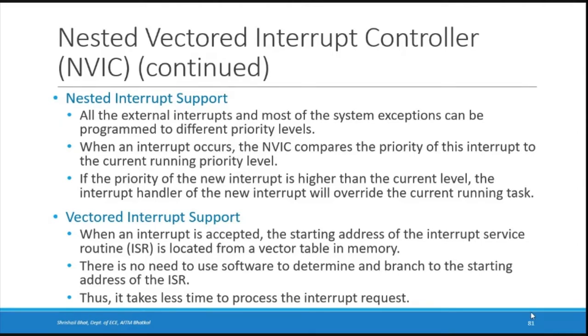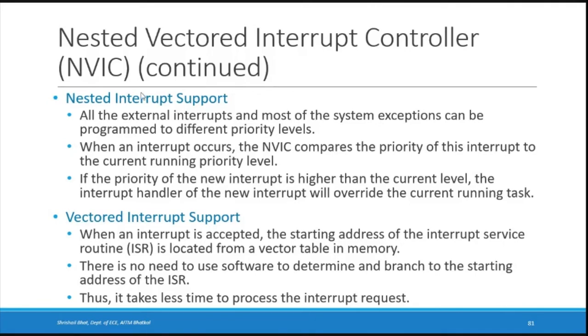Interrupt service routines are all stored somewhere in memory, so they begin at some particular addresses, and the address of each ISR is there in the table. So there is no need to use software to determine and branch to the starting address of the ISR, because the starting addresses are already in the vector table. So it takes less time to process the interrupt request. That is called vectored interrupt support. That's why it is called nested vectored interrupt controller.